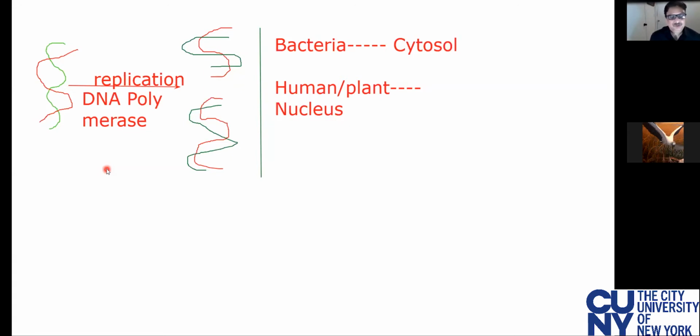So how does replication happen? Let's say hypothetically that this is a DNA molecule. DNA is made up of two strands, it's a double helical strand. Each of these strands will give rise to a daughter strand.